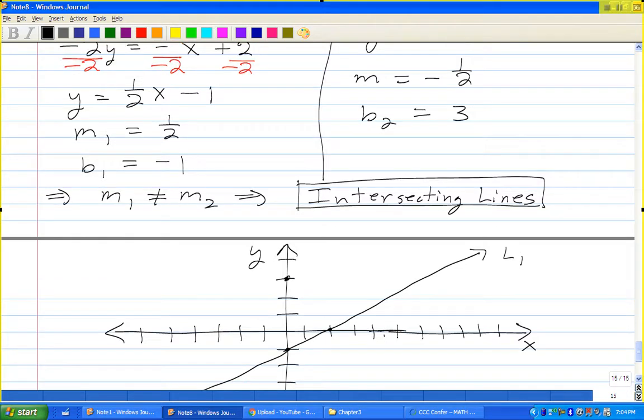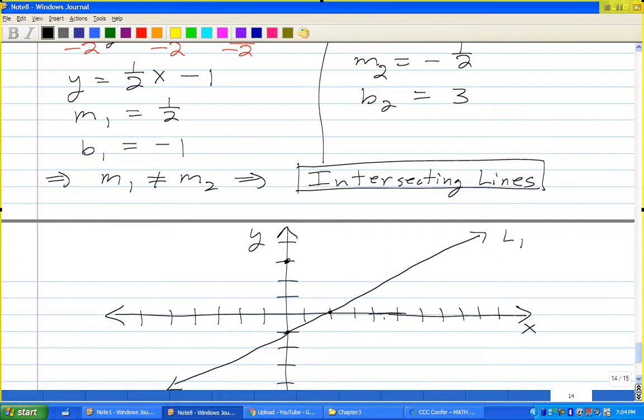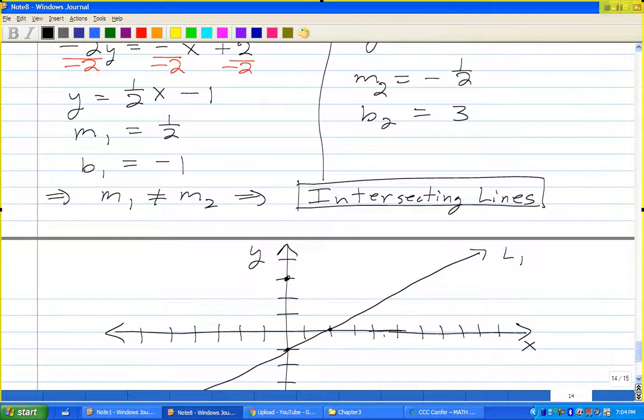So y-intercept of 3, oops, and a slope of -1/2. And so I go over 2, down 1. Okay, now let's draw this. That's L2.